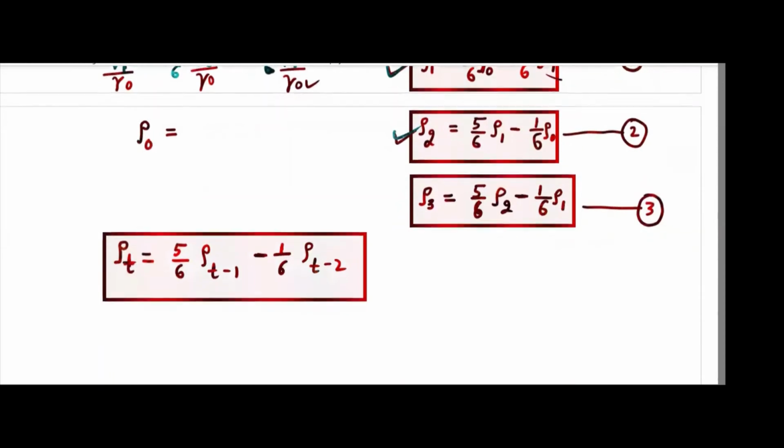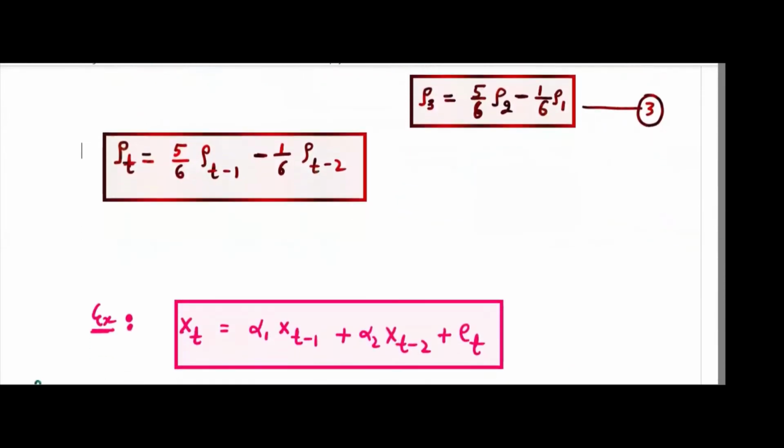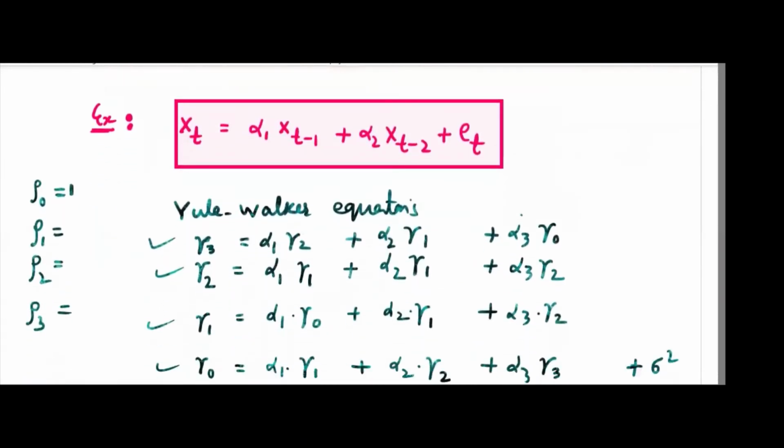Let me write it here. So you remember the equation, we'll solve. How to solve this difference equation? Rho t is equal to 5 upon 6 rho t minus 1 minus 1 upon 6 rho t minus 2.